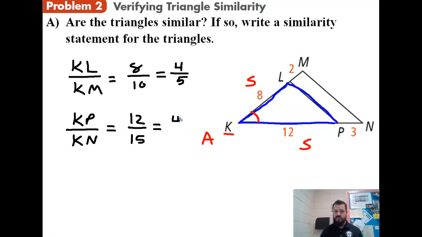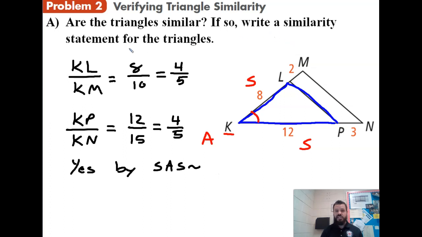That's going to give me 4/5 as well. So we have a congruent angle surrounded by proportional sides. So are the triangles similar? We can say yes by SAS similarity, as in by the side-angle-side similarity postulate.